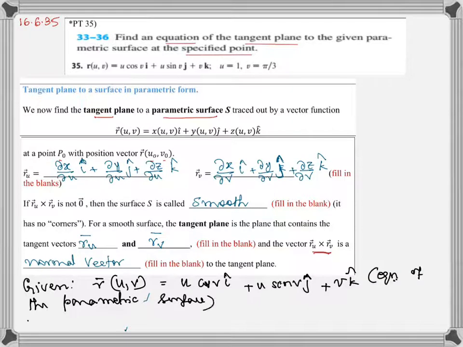This is given as a parametric surface, and from this we can determine the partial derivatives. Now the tangent plane is required at the point corresponding to the parameters u = 1 and v = pi/3. So using this condition, we will find the point r0, which is r at (1, pi/3).